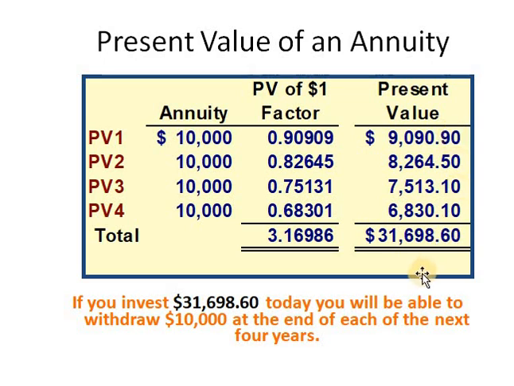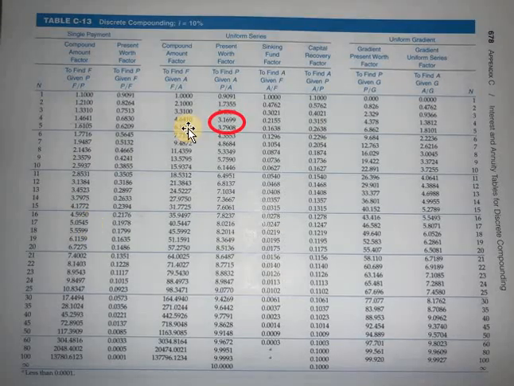And if I want to get the total present value of these 4 amounts, the amount will be 31,698. If I sum up the factors that I got from the table related to the column of P knowing F for the first 4 years, it will be 3.16. Now, if I go back to the table related to P equals A into P knowing A, I, N when n equals 4, what do you notice?